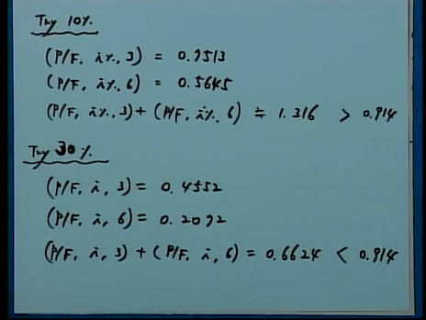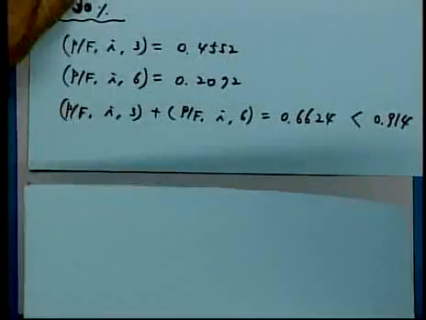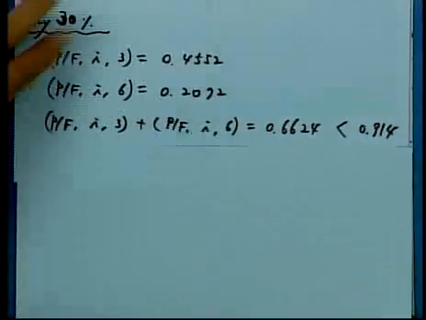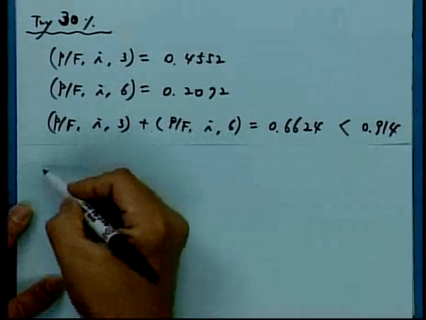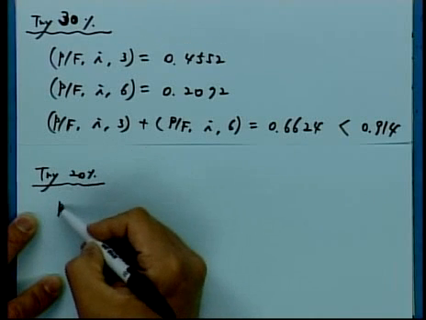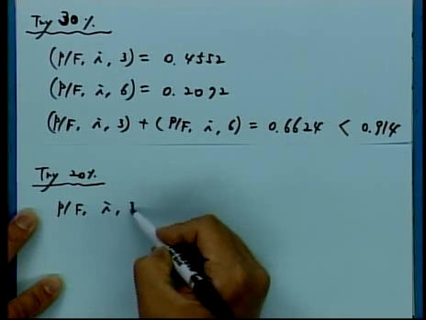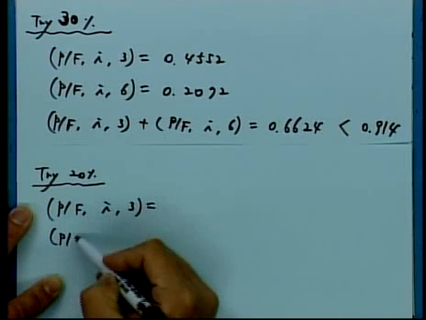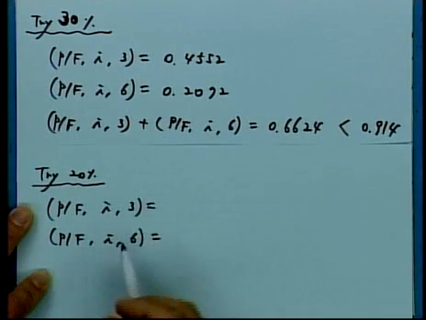And this value is too low, right, compared to this. So let's try one more value. How about 20% or 25%? Let's try 20%. What is the value of P given F over 3 periods and P given F over 6 periods?